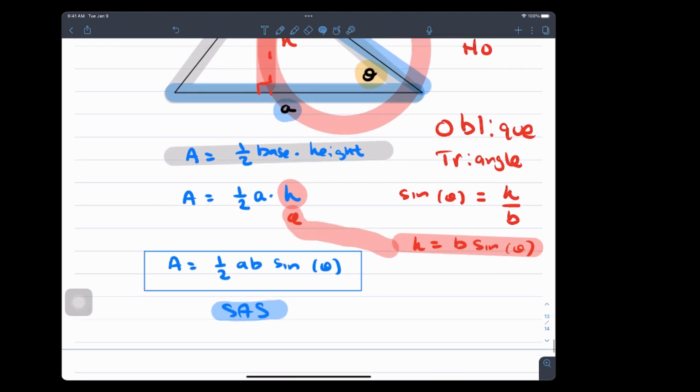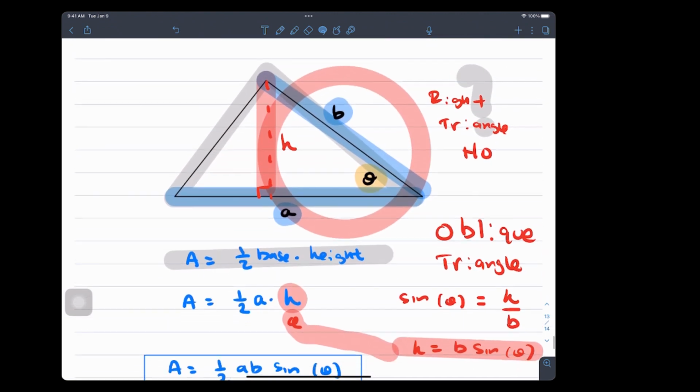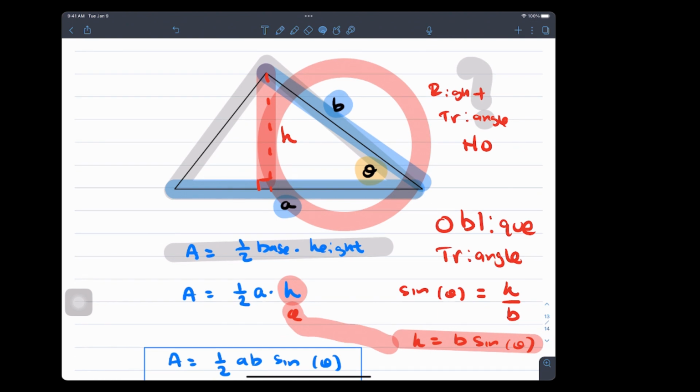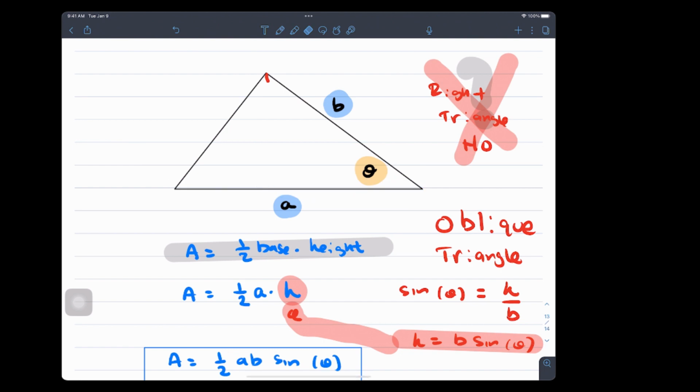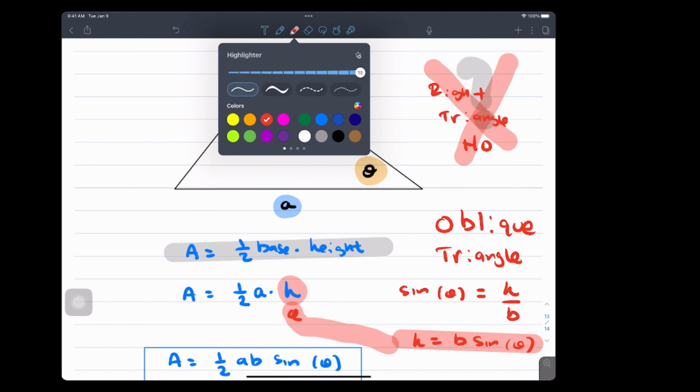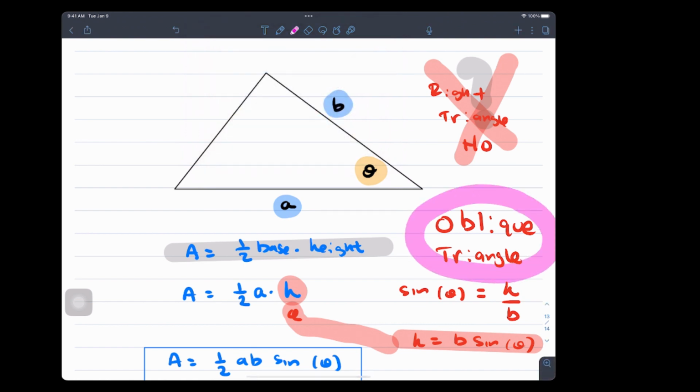So you have to know what A is, you have to know what B is, and you have to know this applies to what kind of triangle: not a right triangle. This is an oblique triangle, the name of a non-right triangle.